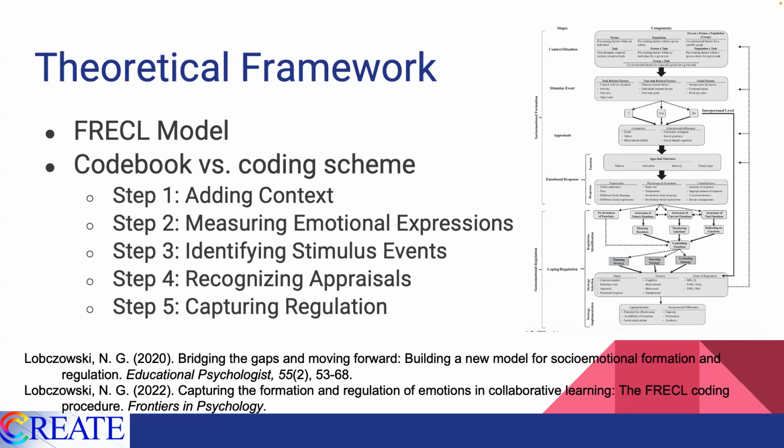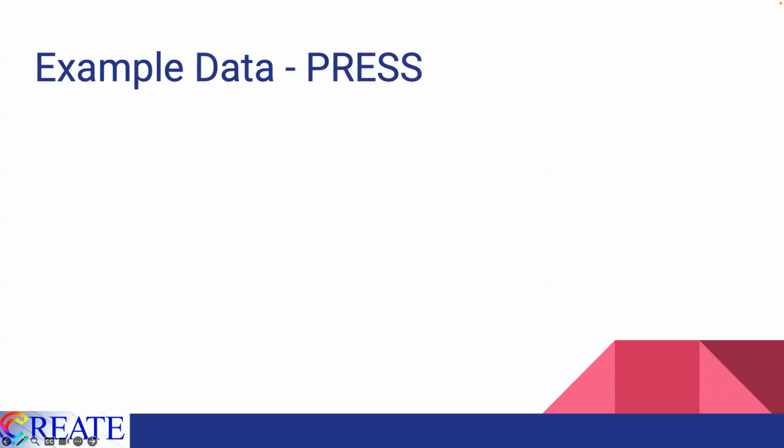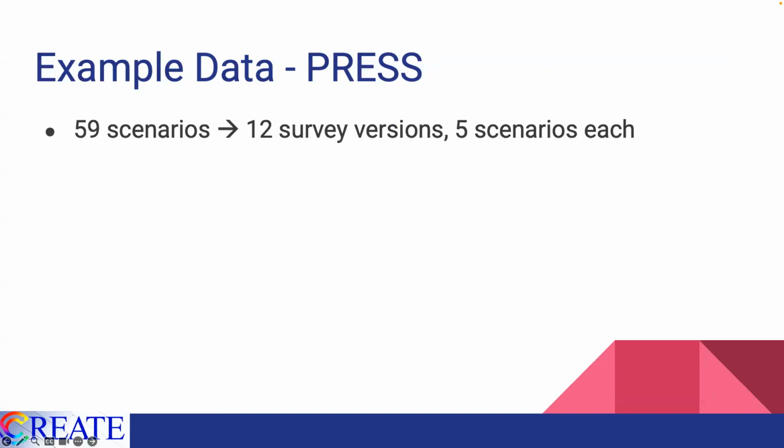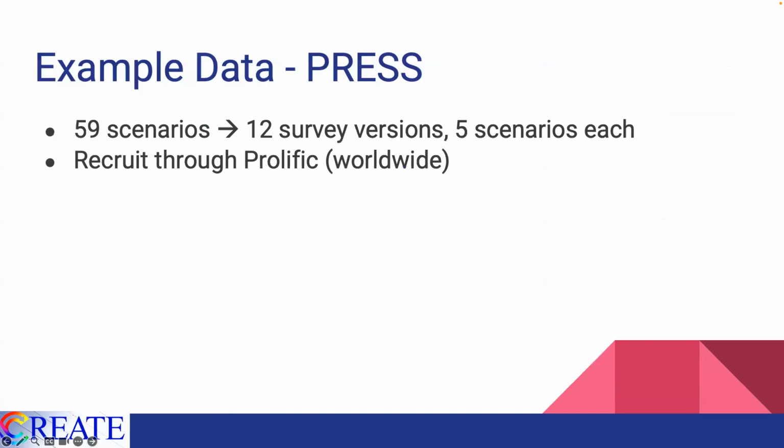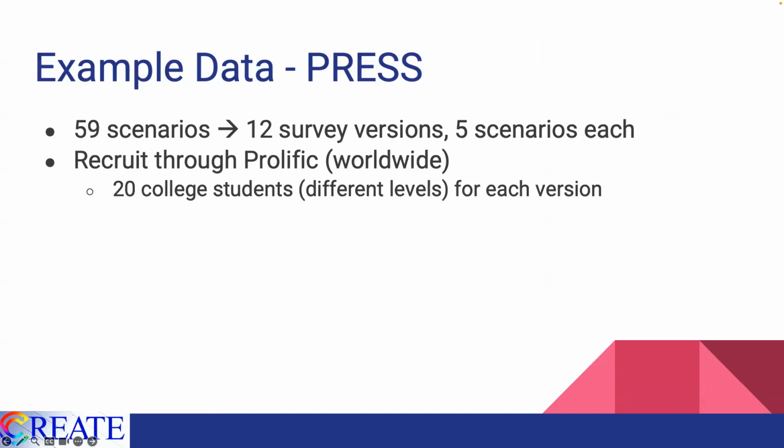So again, just some background, I'm going to skip real quick. The data, and I mentioned this in the last video, is that we created 59 scenarios and we recruited through Prolific. So we have people from all over the world. We divided the 59 into 12 surveys. Each one had 12 college students at different levels.